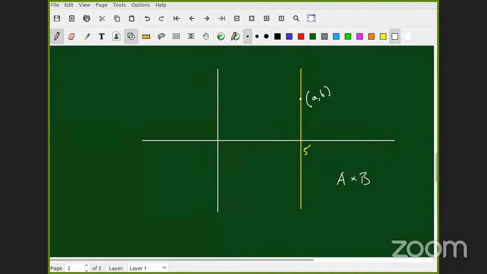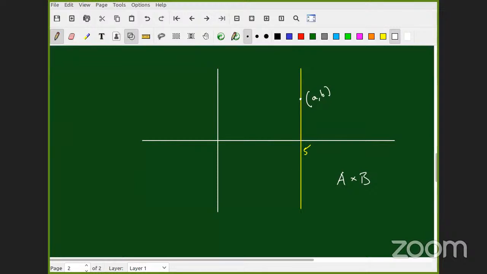Okay, let's ask Anusia. Sir, natural numbers cross real numbers. Very good. What is A? A is the set of all natural numbers? No. Do you want to see? I've drawn only the yellow line. Okay, let me ask someone else.